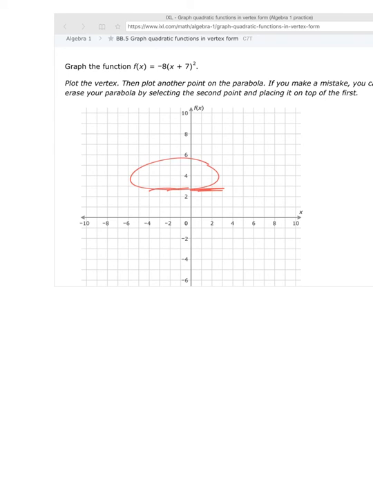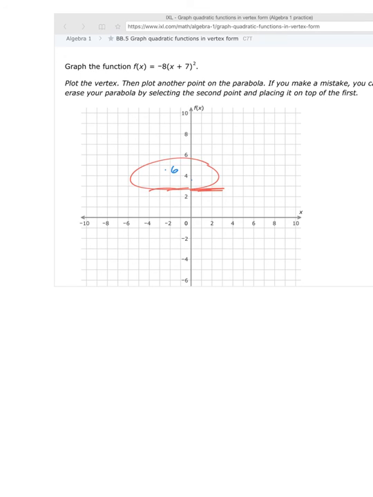And then to find another point, think just like when we're doing our table, right? This is the vertex. So now maybe I'll plug in something that's nearby, like let's say negative 6. So I'll plug that in for x and see what I get in the formula. Negative 6 plus 7 gives me 1.